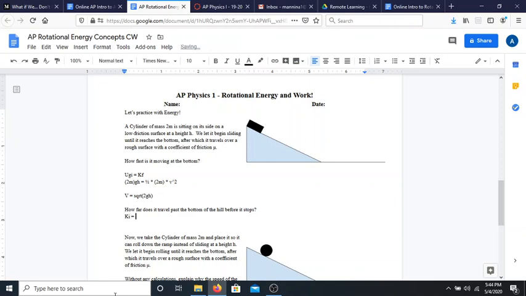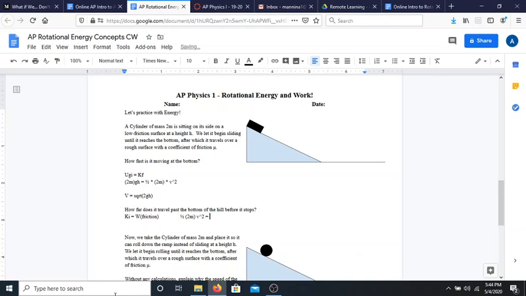We want all of it turned into work, work by friction specifically. So we first start with what we know the starting kinetic energy is: 1/2 times 2m times v squared.